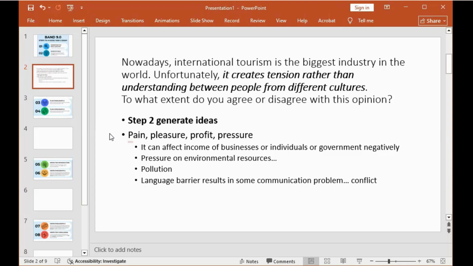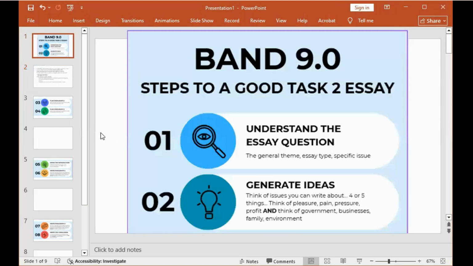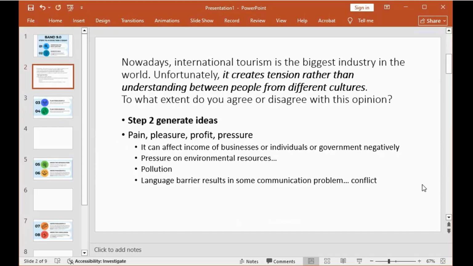So pain, profit, pleasure, pressure. Then what else now? Family, government, businesses, and what? Environment. By the time you apply your essay questions to these things, you'll be able to come up with 4 to 5 points that you can write on.